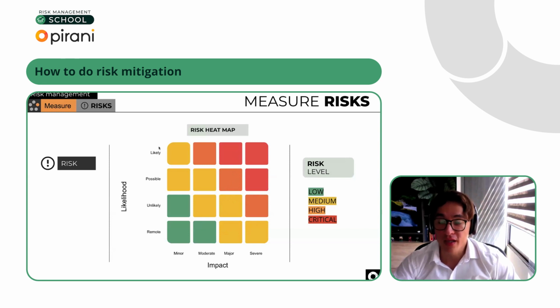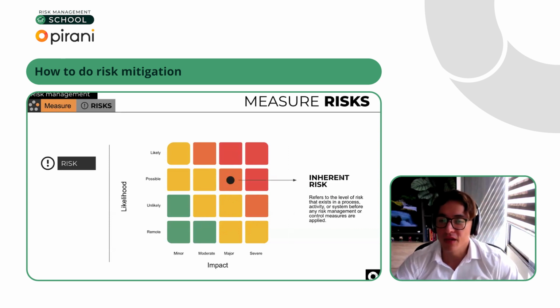And when I locate my risks in this risk heat map, I'm going to have the inherent risk. It refers to the level of risk that exists in a process, activity, or system before any risk management or control measures are applied.